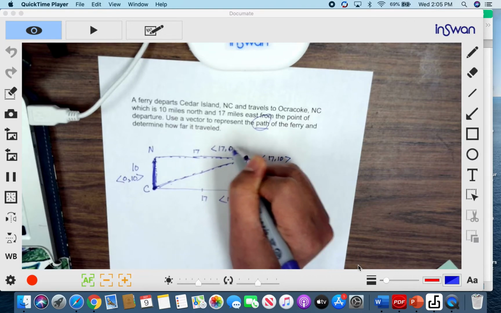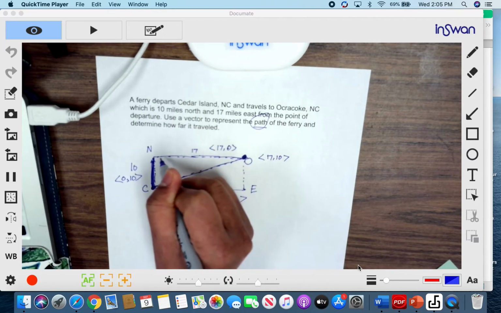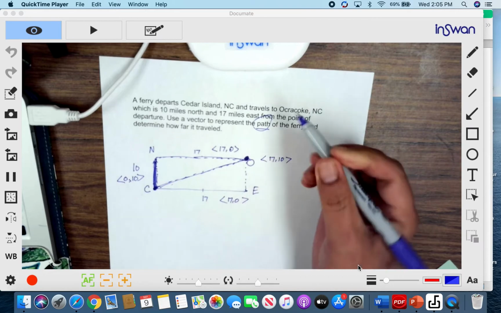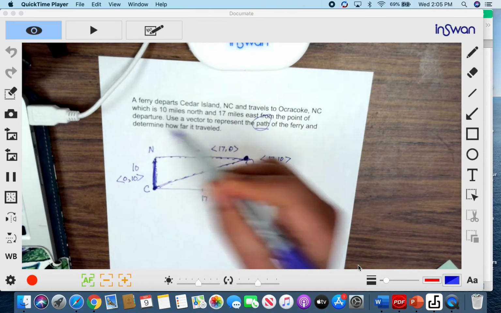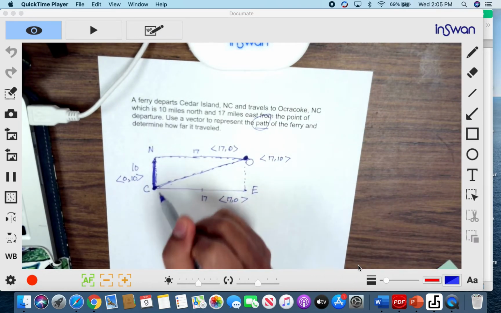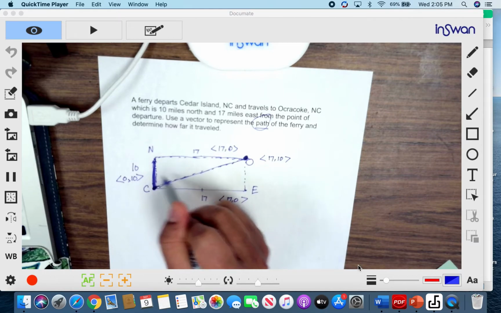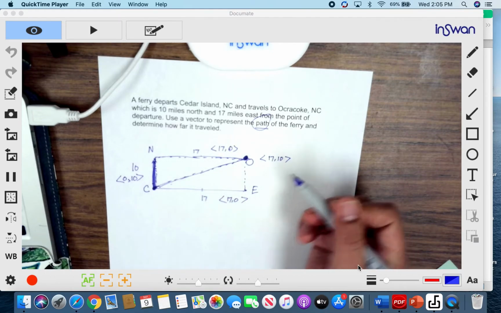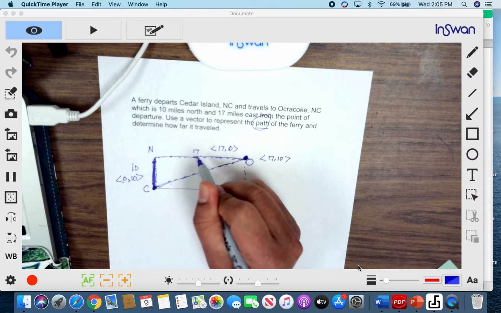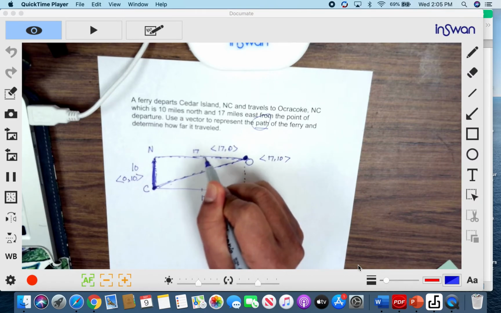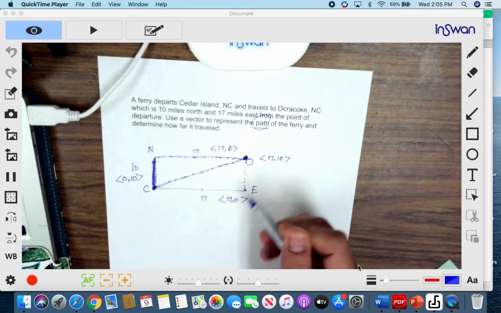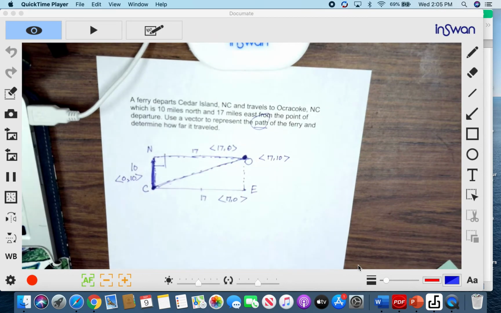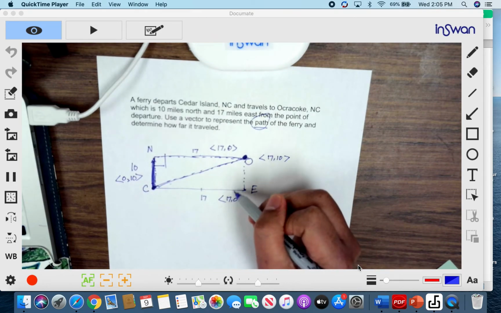Now, why is it necessary for us to illustrate our vector here? Remember, the path of the ferry is coming from the northeast direction. So therefore, we need to find the vector here instead of using this. So this is the figure that we are looking for, but of course, it's the same as here.